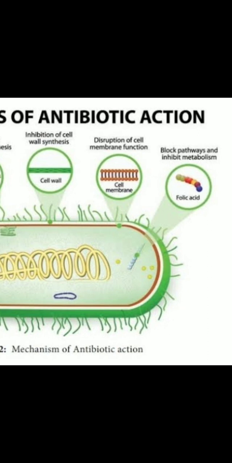The folic acid interference in the metabolic pathway is the last mechanism of action. The sulfonamide group of drugs utilizes this pathway. There is something called tetrahydrofolic acid even in the bacteria for metabolism purposes. This tetrahydrofolic acid is formed from dihydrofolic acid or the folate.